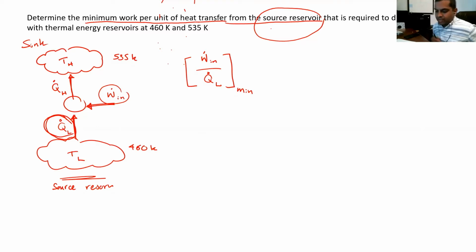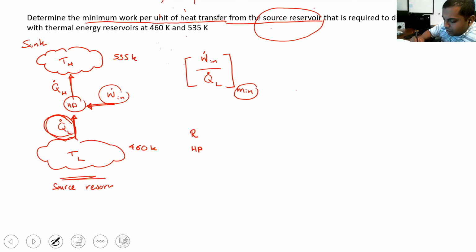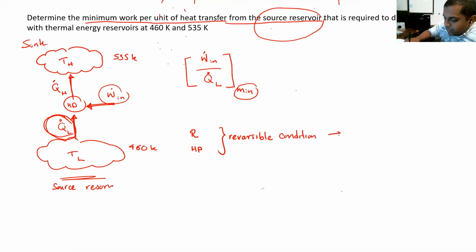Now when it comes to minimum work input for a refrigerator or for a heat pump, like in this case, it happens when we have reversible conditions, right? So let me write it here. For a refrigerator or for a heat pump, when we have Carnot, reversible conditions, that will give you W minimum.